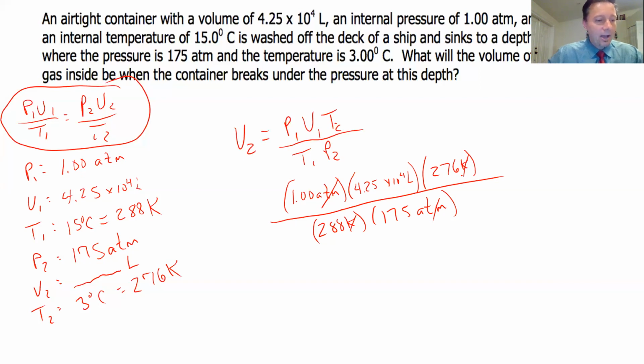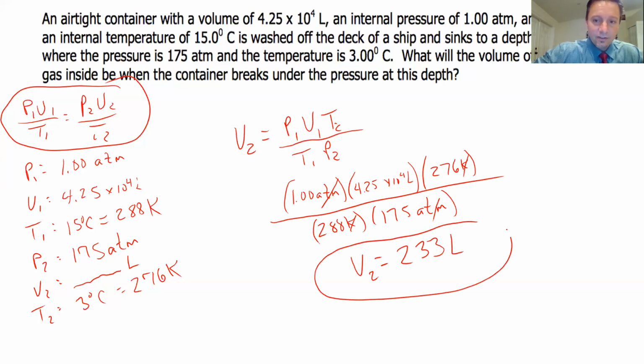And I should come out to my volume 2. If I round it to 3 significant figures, I get 232.7, so 233 liters. So at that point, it bursts.